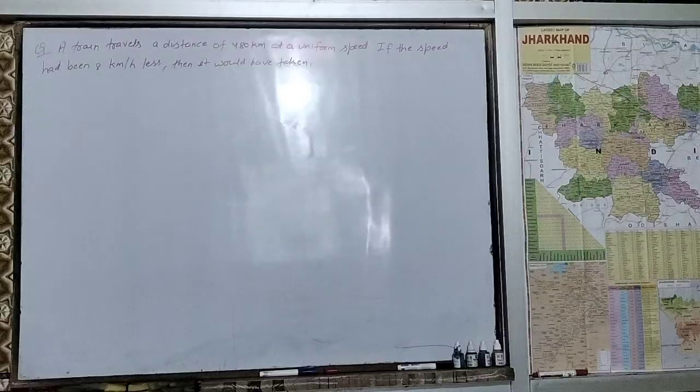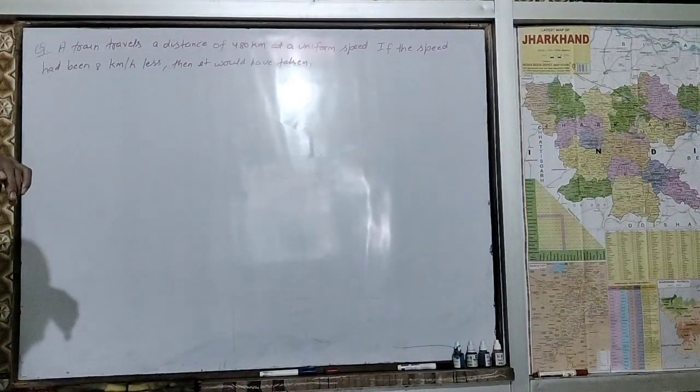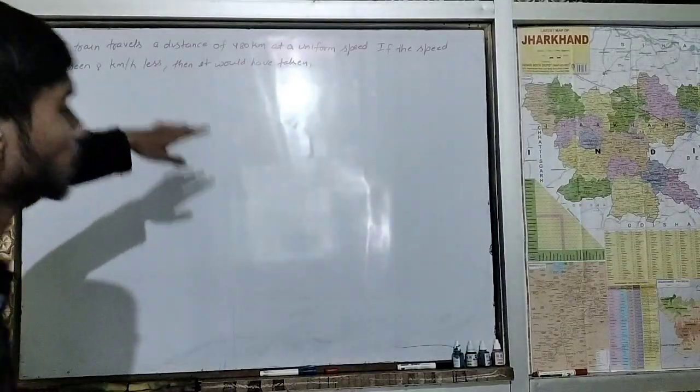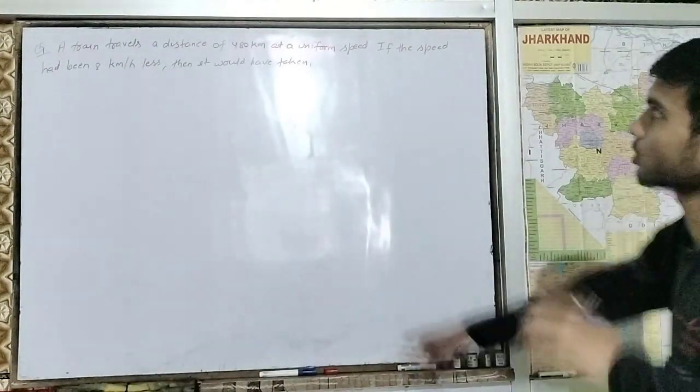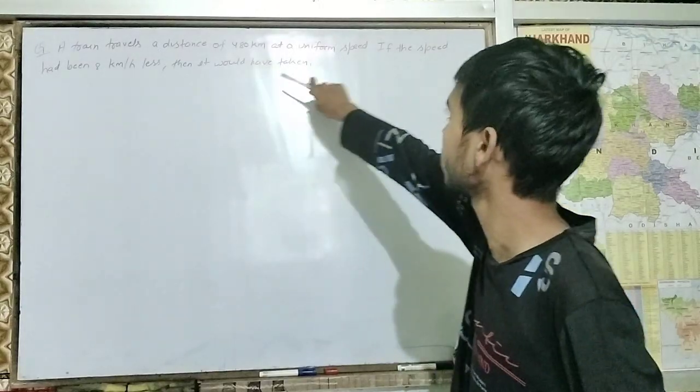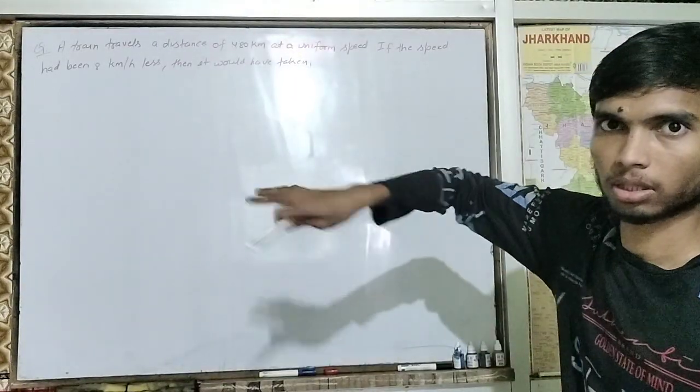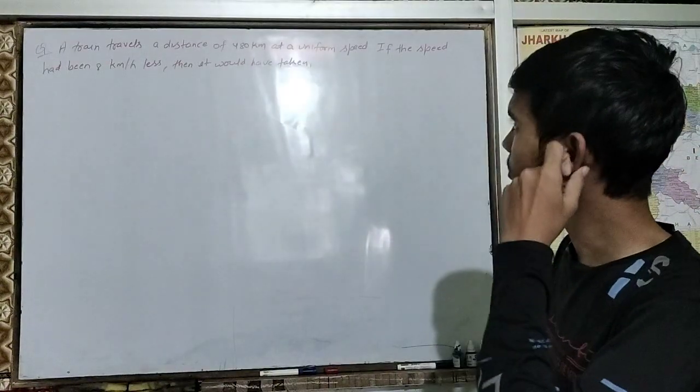That's your question. The question is saying a train travels a distance of 480 kilometers at a uniform speed. Speed is constant.